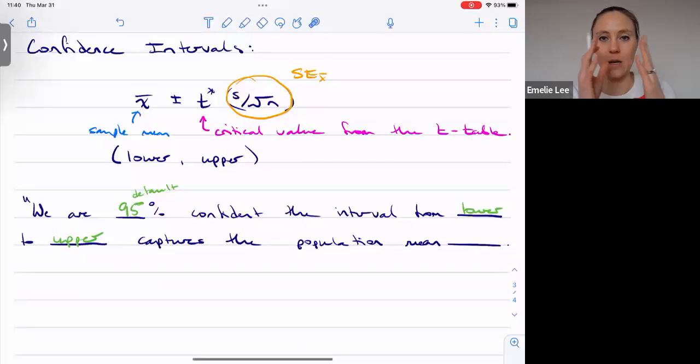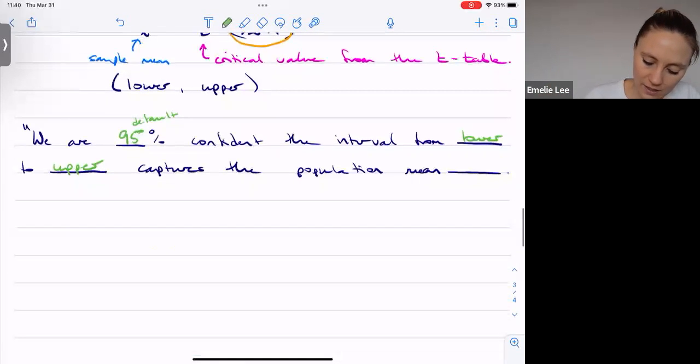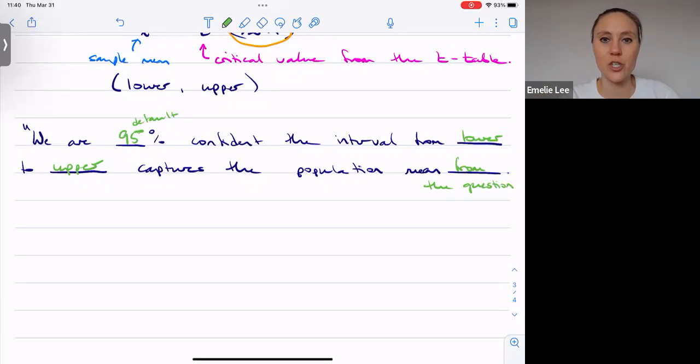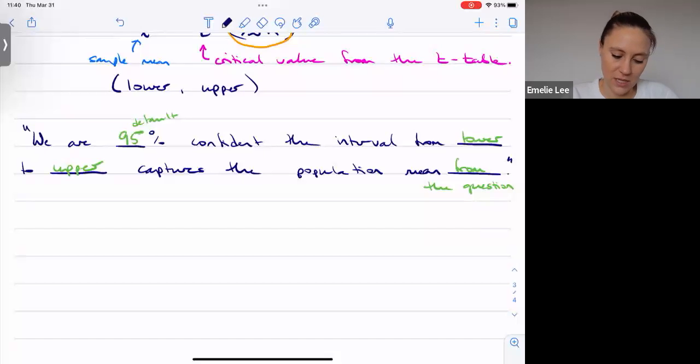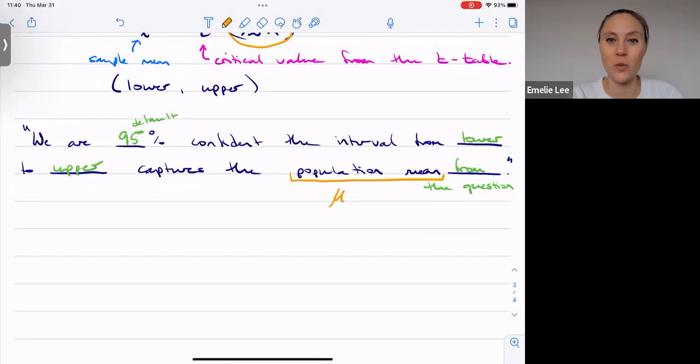So I use the sample mean, I build a buffer, and now I'm trying to capture the population mean from the question: the population mean height, the population mean price, the population mean winnings, whatever you're talking about. But it has to be a numerical variable, otherwise we can't take the mean. And just to clarify, the population mean is mu. So we're trying to capture mu, and that's the most important thing.